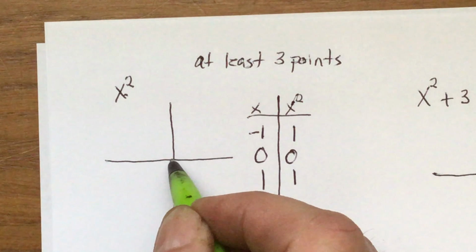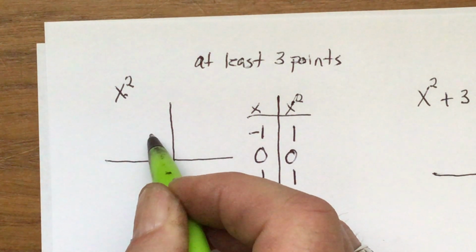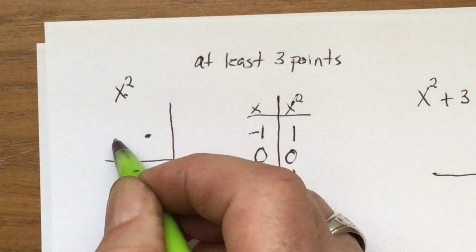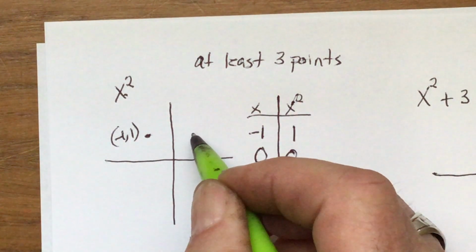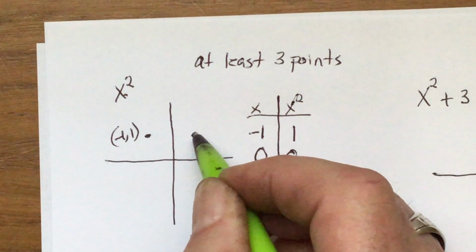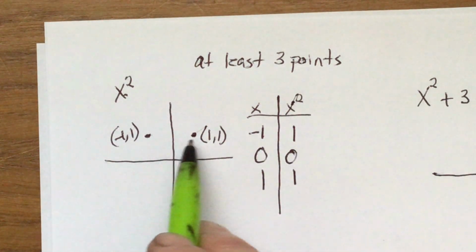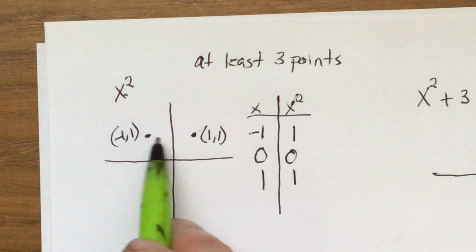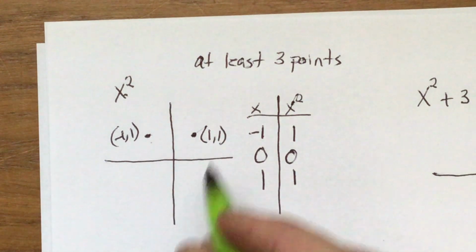You have ready-made graph paper for you. I don't. I'm here at home. So I'm just going to guess, and I'm going to say that the point -1, 1 is right there. The point 1, 1 is right here. And this worked out great. You see how they are on the same line, and they're the same distance away from the y-axis.